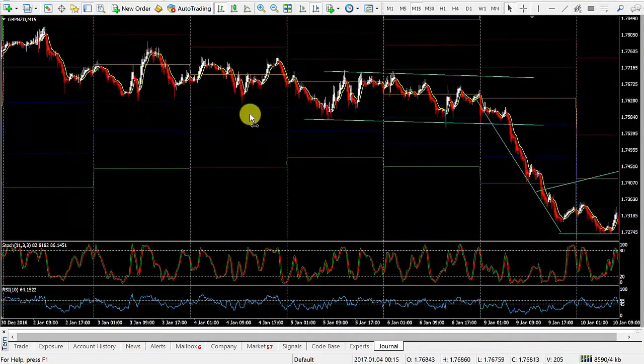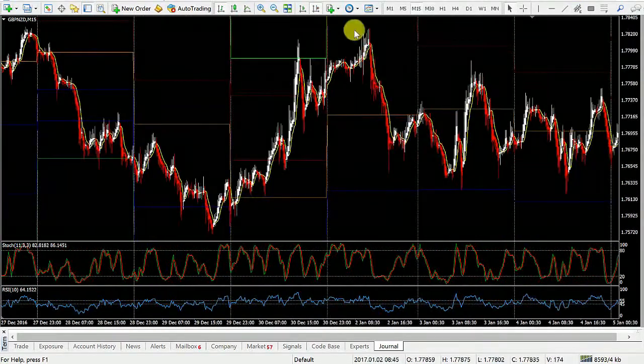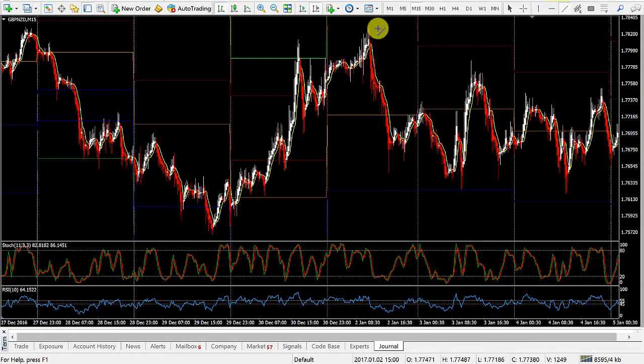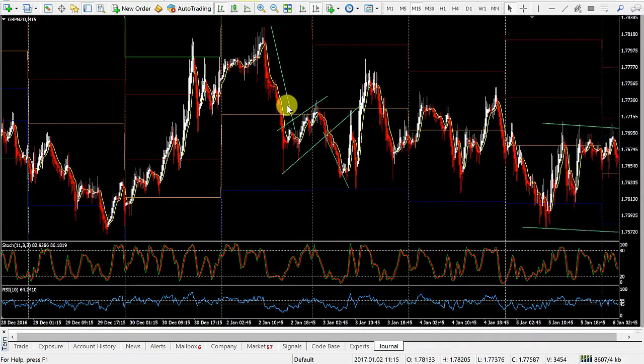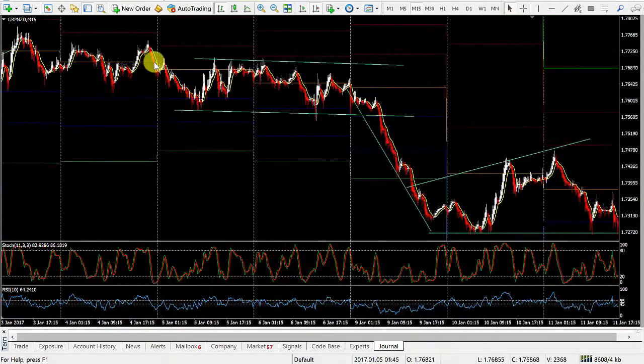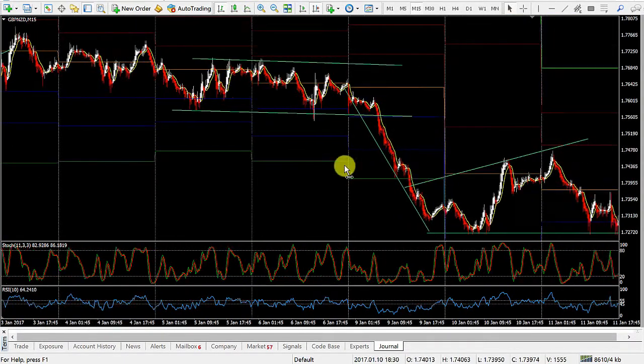Or we have a drive first, like here, then we go into a channel, and then we have another drive. So this is all price does usually. Either drive, channel, drive, or channel, drive, channel.